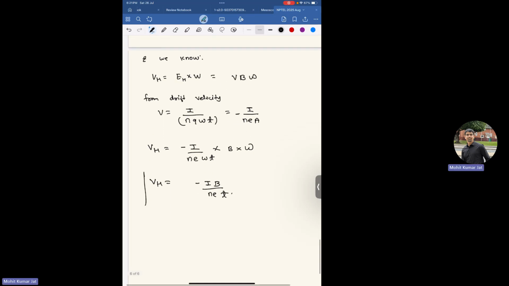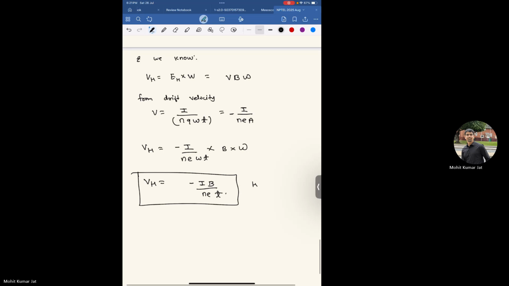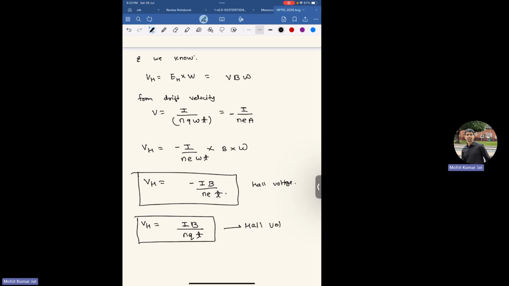Now this is the Hall voltage which gets developed because of charge minus E. So the general expression can be written as minus I B by N Q T, if the charge is Q. So you can see the Hall voltage because of charge Q. That was for the electron.